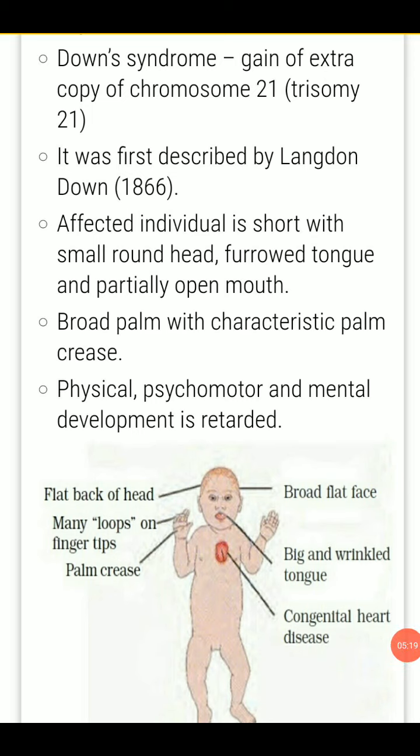First of all, Down syndrome. Down syndrome was first reported by Langdon Down in 1866. This abnormality occurs due to trisomy of the 21st chromosome.